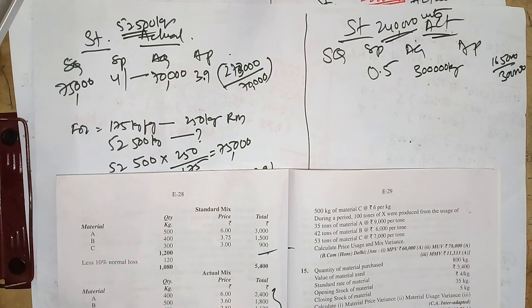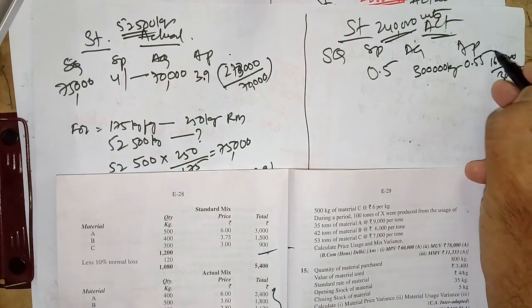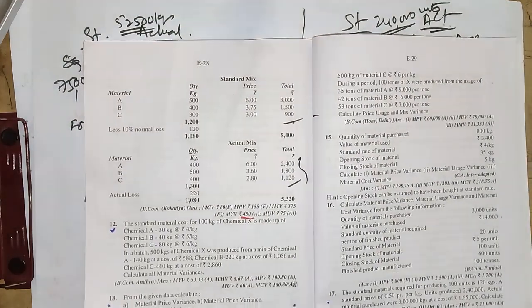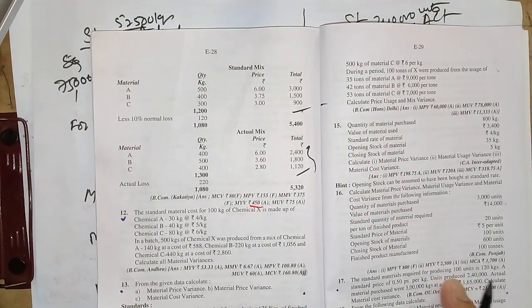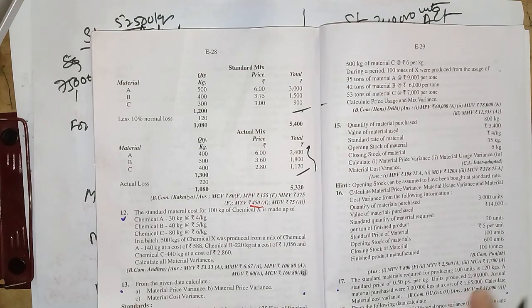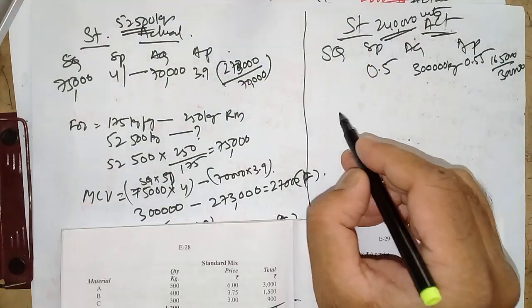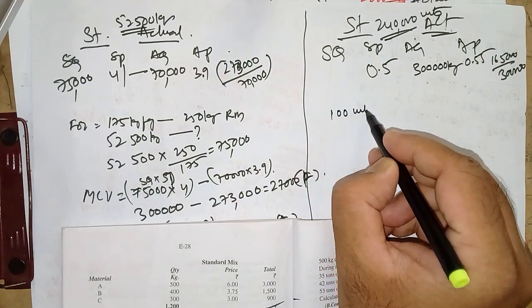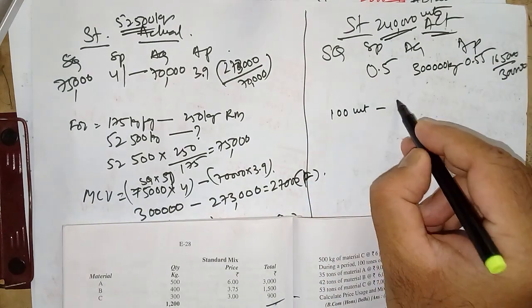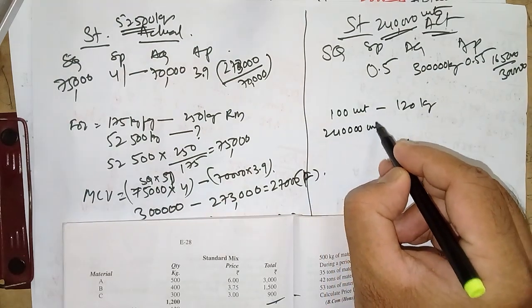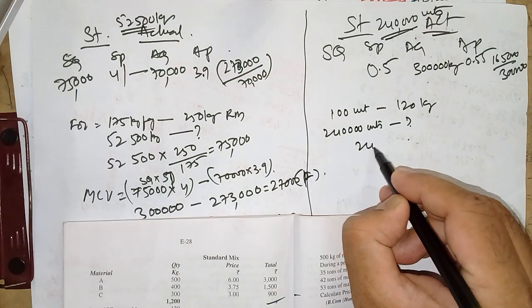So 1,65,000 divided by 3 lakhs, which is equal to 0.55, the actual price they paid. So here is the most important conversion of the information. For 100 units, 120 kgs, then for 2,40,000 units how much?